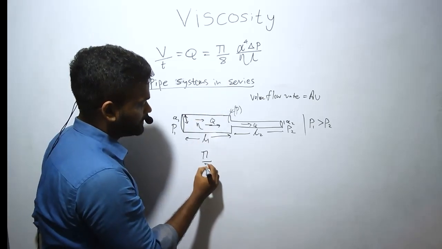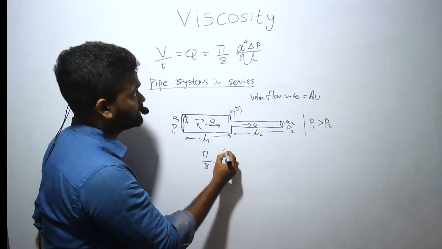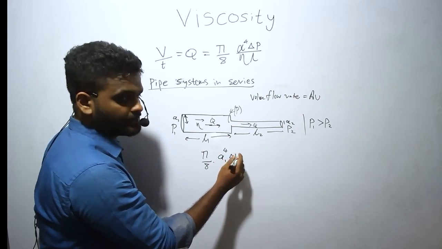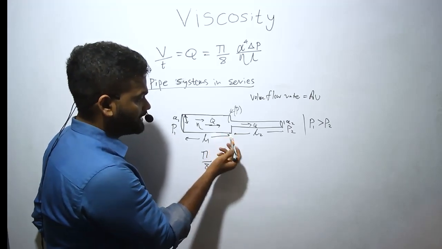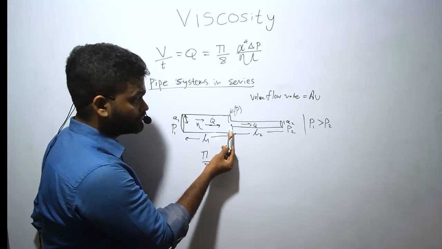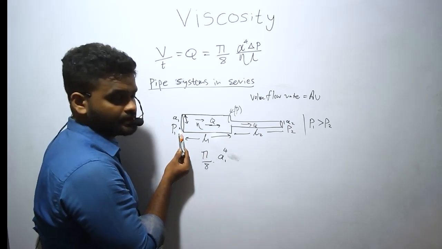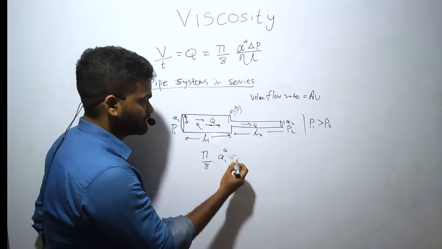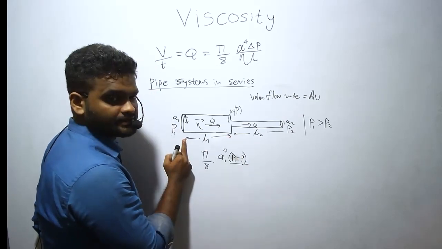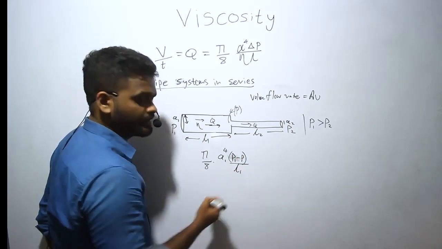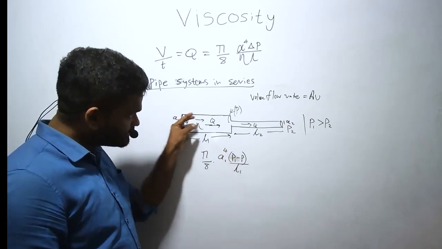What is delta P for this pipe? This pressure is high, so P1 minus P is the pressure difference, divided by the length of that pipe, L1. This is the volume flow rate through this pipe.